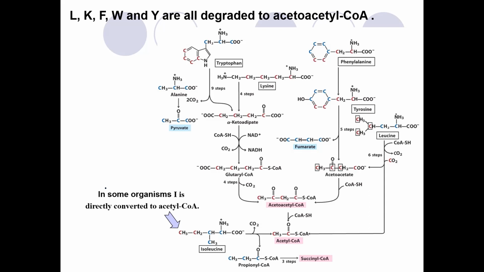The amino acids leucine and lysine and phenylalanine and tryptophan and tyrosine are all degraded to acetoacetyl coenzyme A, and acetoacetyl coenzyme A gets converted to acetyl coenzyme A. So these here, tryptophan, phenylalanine, tyrosine, and so on, they all get converted to acetoacetyl coenzyme A, and then to acetyl coenzyme A. Same with leucine, same with isoleucine.